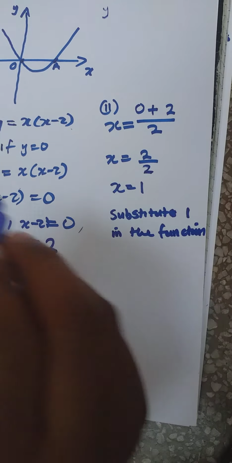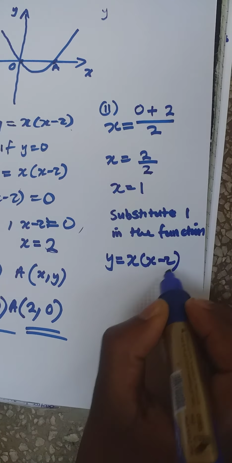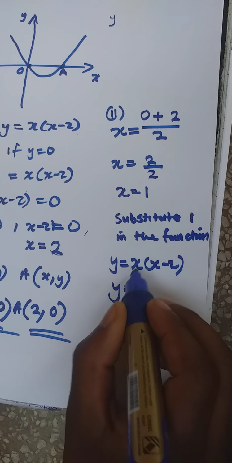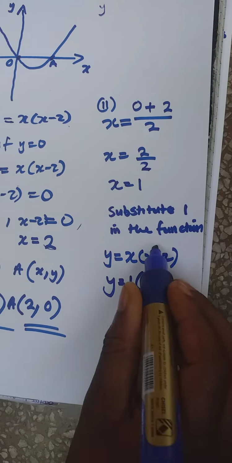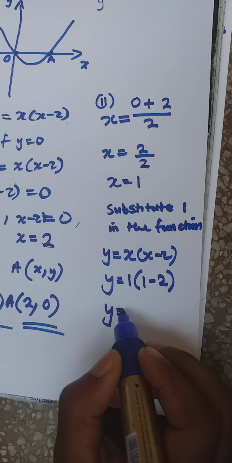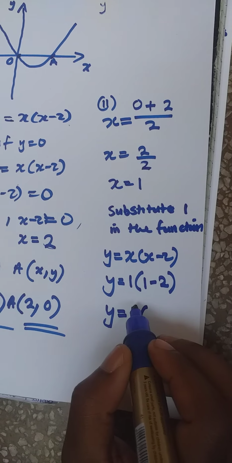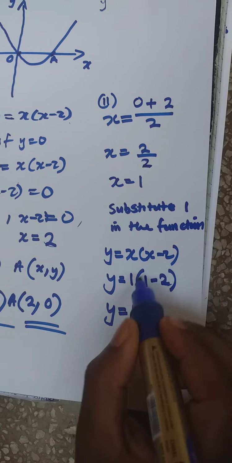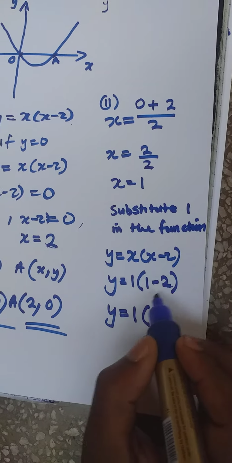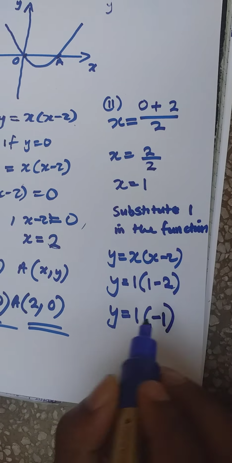So when you substitute, the function is y equals x times x minus 2. So we're going to say y, when you substitute 1 where there is x, 1 where there is x, y is equal to 1, and then brackets 1 minus 2. At our level, the answer becomes negative. So 1 minus 2 is negative 1.